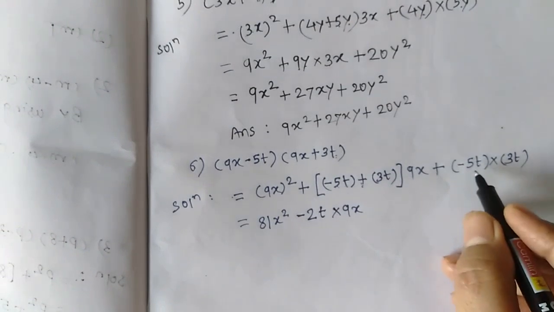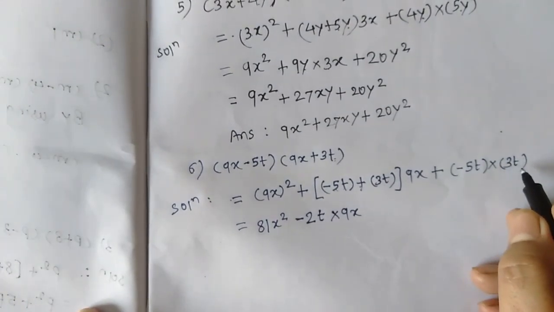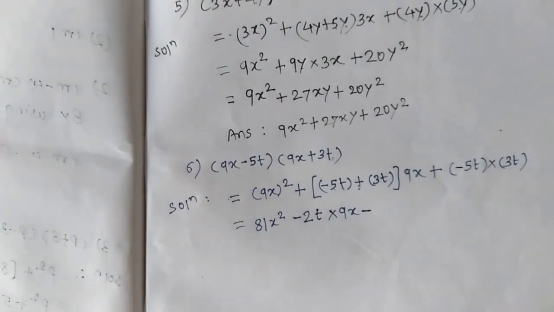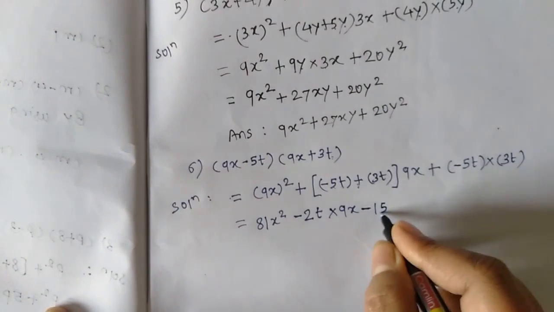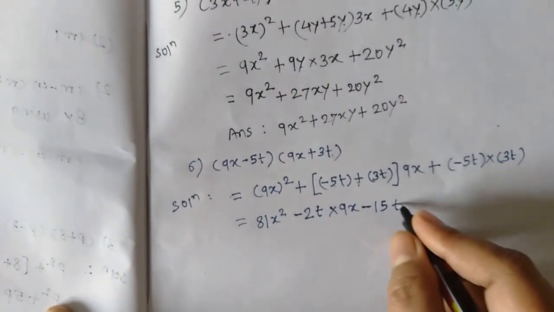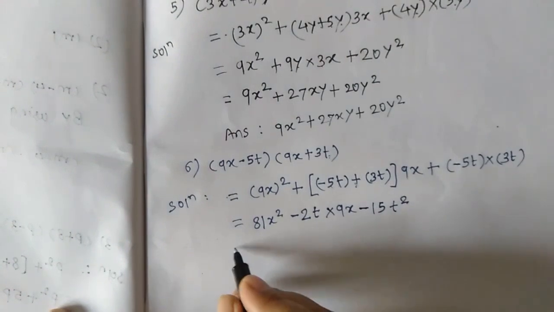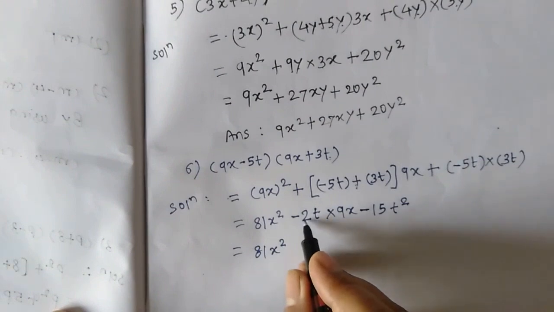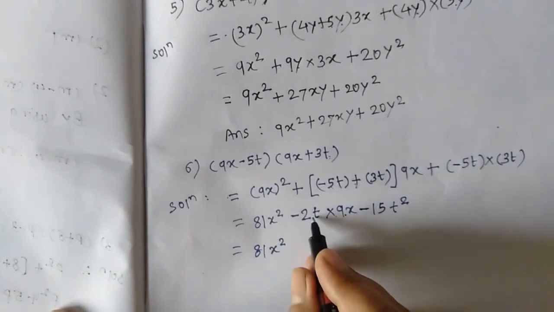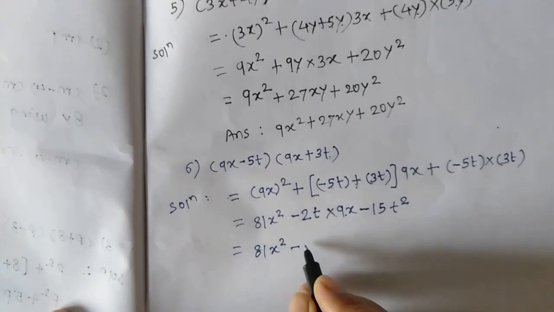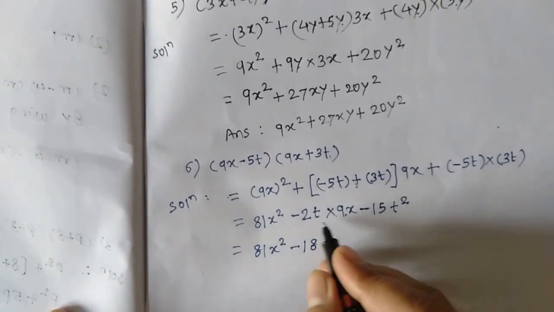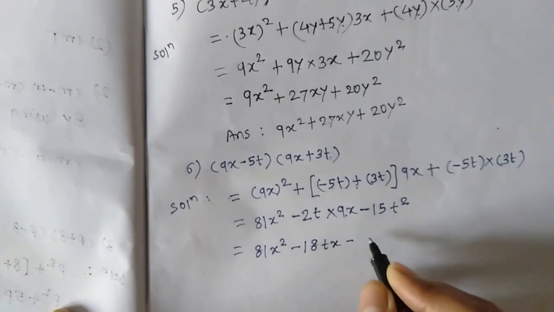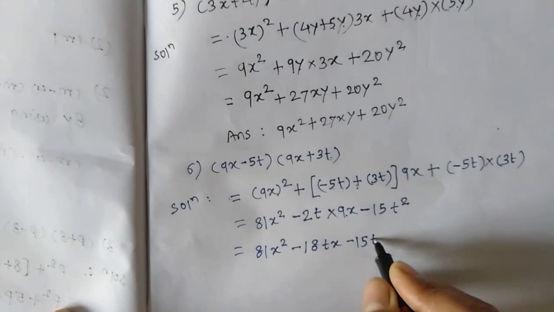Again here minus 5t into thrice t means one number is negative, so here the sign is negative. So 5 3s are 15, t into t is t square. 81x square minus 2 into 9, means take the multiplication of coefficient, is minus 18. t into x is tx, minus 15t square.